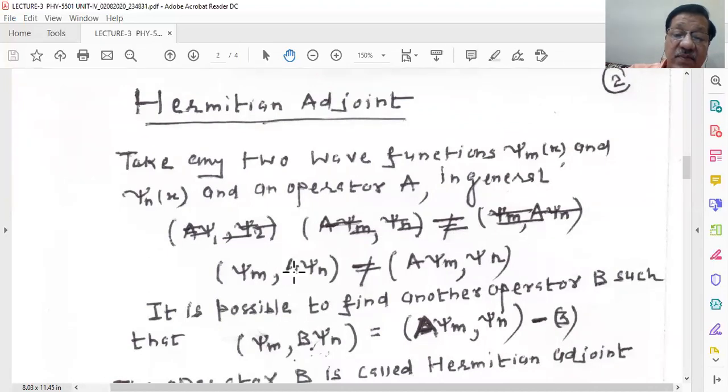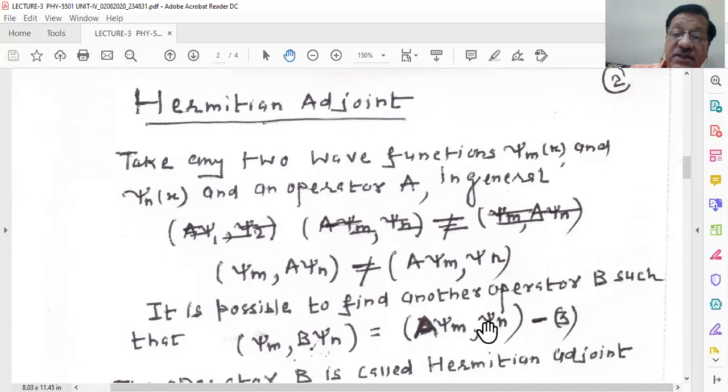So here the operator A is replaced by operator B, and for this operator B, if you get this term equal to the scalar product of A ψ_m with ψ_n. The scalar product will give you some number. So here also you will get some number, but with operator B, you get the number equal to ⟨A ψ_m, ψ_n⟩.